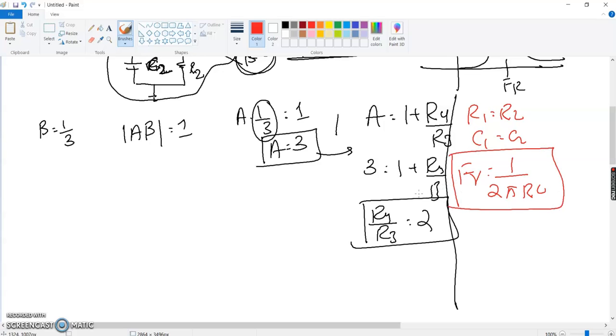And if you don't use the same resistor values and the same capacitor values, then you have to use the longer formula, which is FR equals 1 over 2 pi root R1, R2, C1, C2, right? So that you have the mean value of the resistors and the capacitors. This would be useful in the design questions that we are going to do right next up.